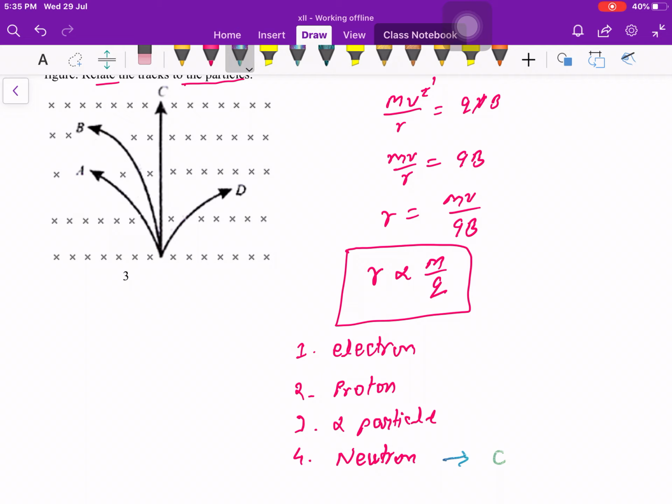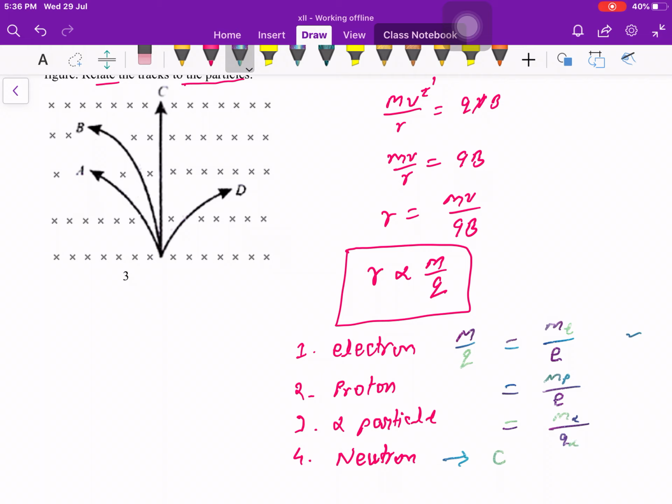For the remaining 3 we have to compare this m by q. For the electron, that is the mass of electron upon the charge on electron. For the proton, that is the mass of proton upon the charge on proton. For the alpha particle, that is the mass of alpha particle upon the charge on alpha particle, that is q alpha.